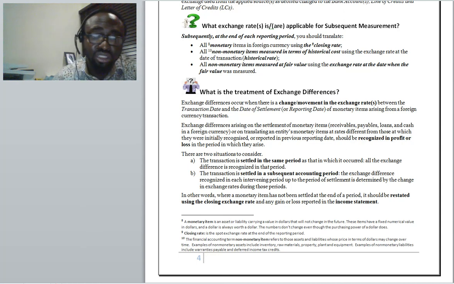That's why I said exchange difference occurs when there's a change or movement in exchange rates between the transaction date and the settlement date. And where the settlement date is a later date after the reporting date, it will be a difference that emanated from the movement in exchange rate between the transaction date and the reporting date.